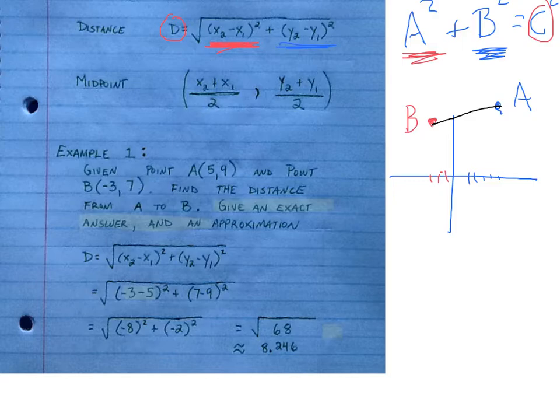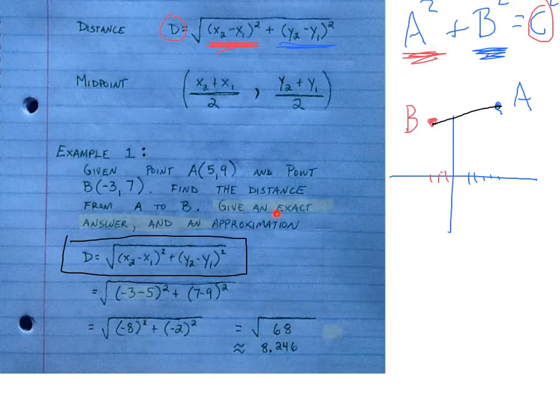The first step I typically do until I get comfortable with this is I write out the distance formula as I have it memorized. And then from there, it's just a process of plugging in values. x2 is the -3, x1 is the 5, y2 is the 7, and y1 is the 9. Once I've plugged in all those values, I start calculating it out using order of operations, and I arrive at the final answer of root 68.